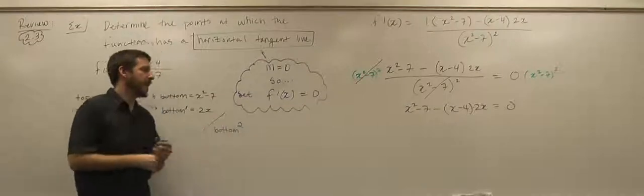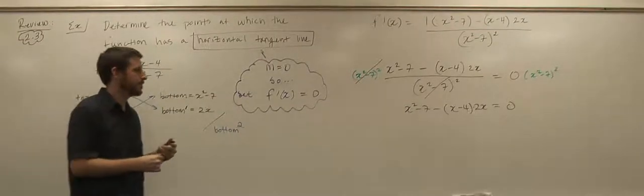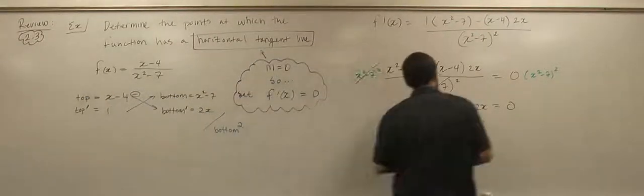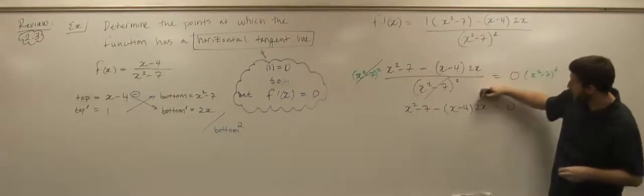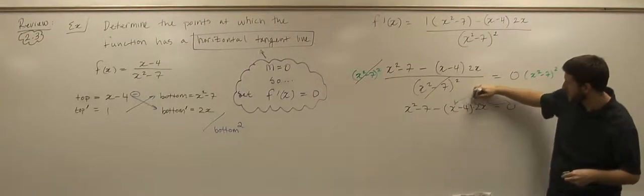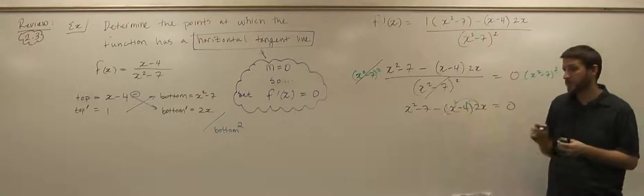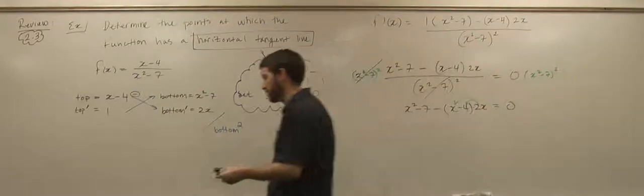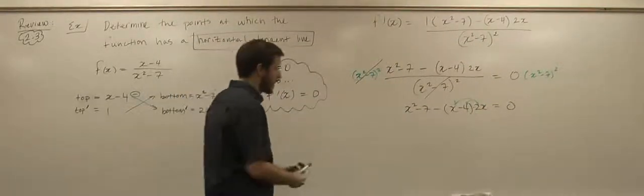Now I would do a little bit of algebra and try to simplify this. For example, I have to distribute out my 2x, and I'm also going to have to distribute out this negative, or I could distribute out a negative 2x.